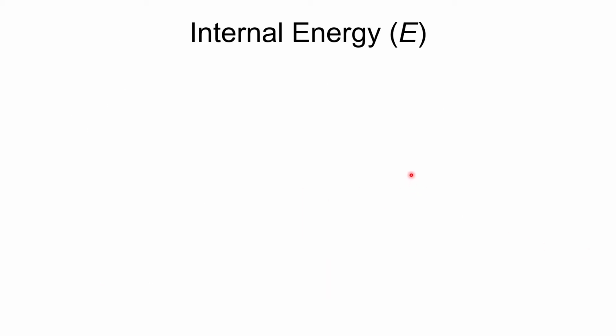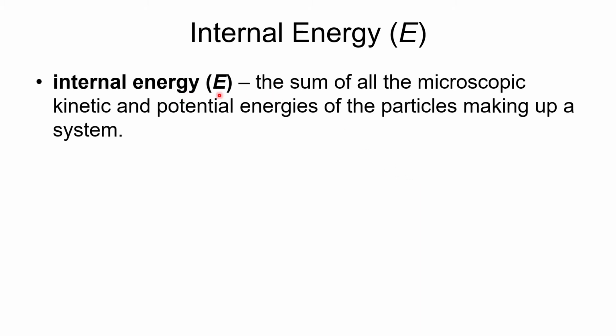So let's look at that internal energy. We're going to call the internal energy E. In some textbooks, it'll refer to the internal energy as the uppercase letter U, but here it refers to it as E. The internal energy is the sum of all the microscopic kinetic and potential energies of the particles making up a system.